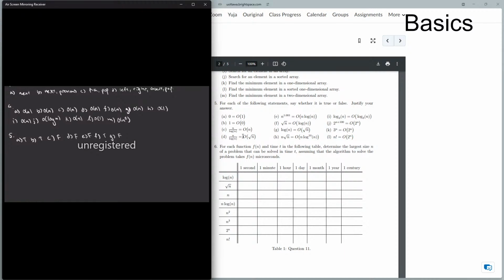In that case, this is true. I, that's true. J, true. K is not true. Actually, no, I think K is true. Actually, no, K is not true. L, that is most definitely not true.